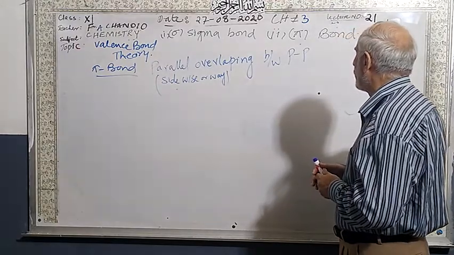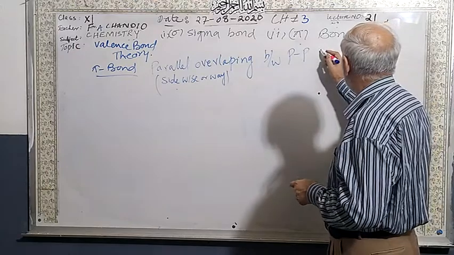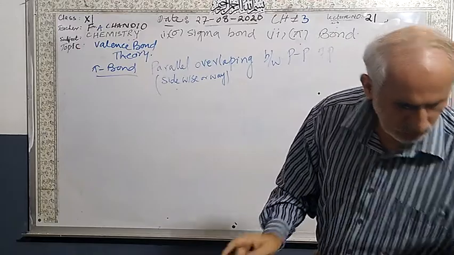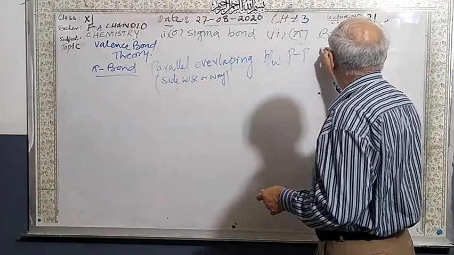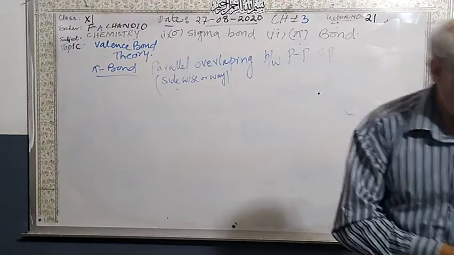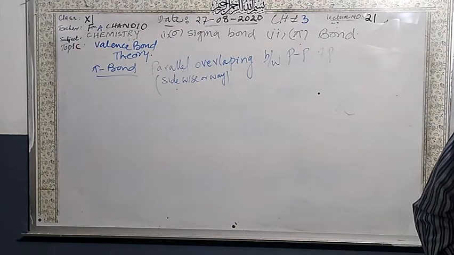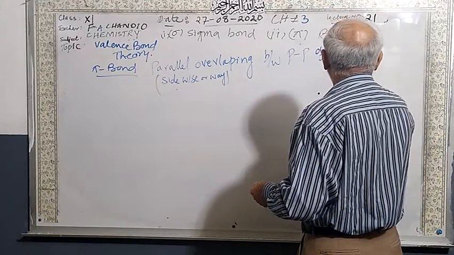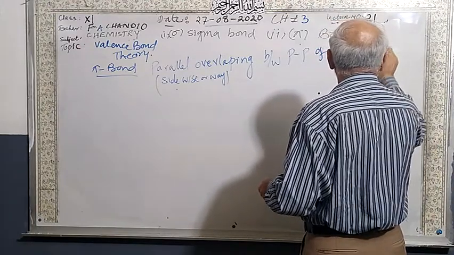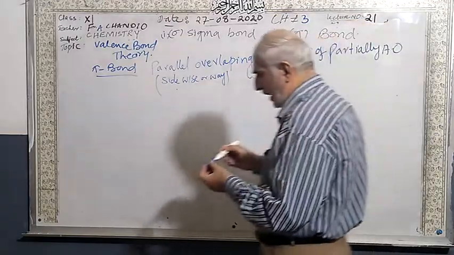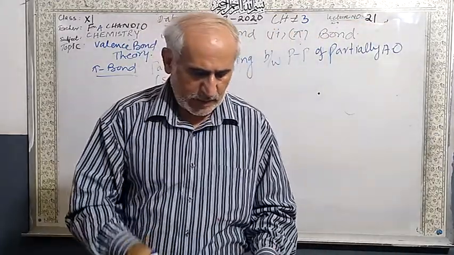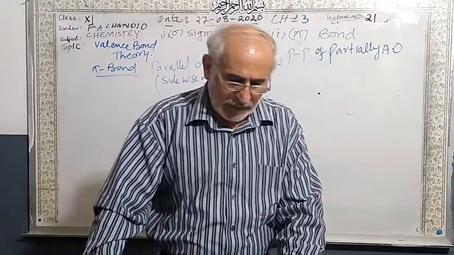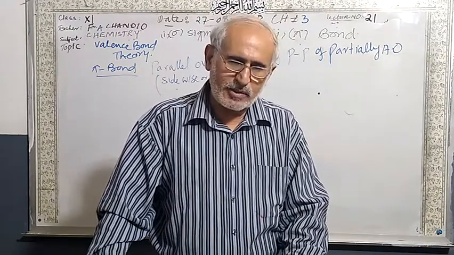So parallel overlapping between P and P of partially filled atomic orbitals, a bond formed between two already sigma bonded atoms.